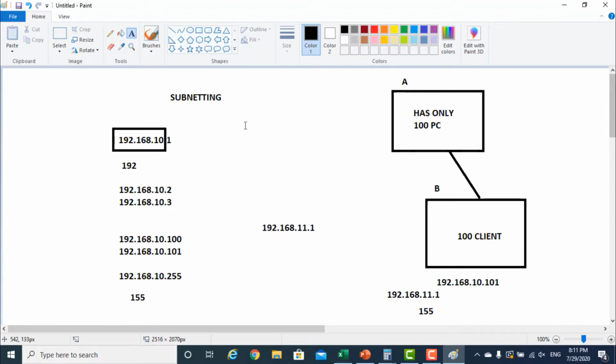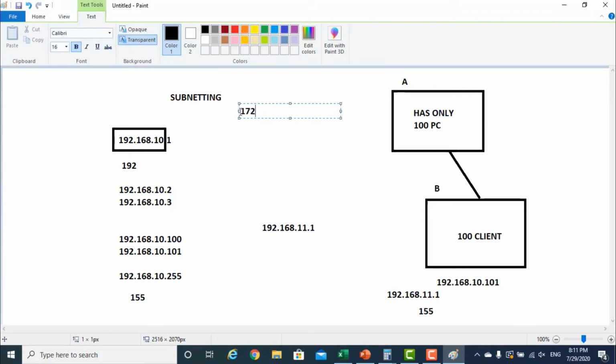For example, if you are using class B, let's say you start from 172.16.0.1, then 172.16.0.2, 172.16.0.3, and like this till 172.16.0.255. Then the first block, block 0, is finished.